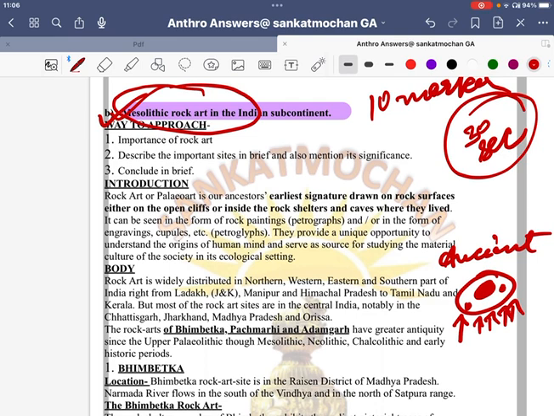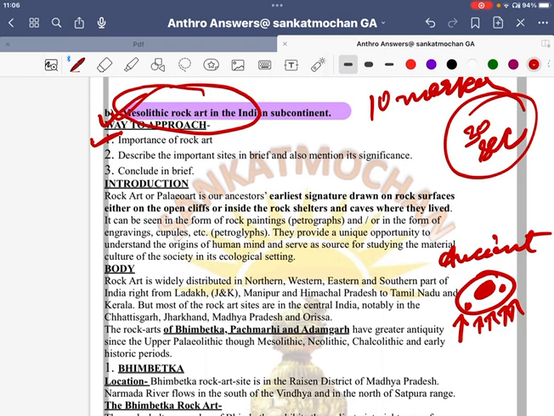What we can do initially is introduce why rock art is important. What actually is its importance? Can you think of a few important things? Why is this so important to human beings? As historians or anthropologists study, they come across various types of paintings, and after carbon dating they find out these are of various periods.